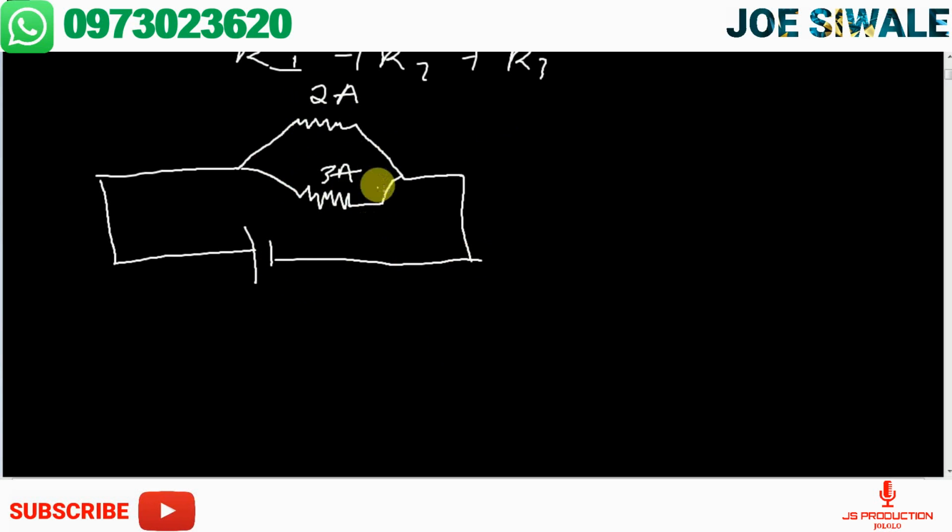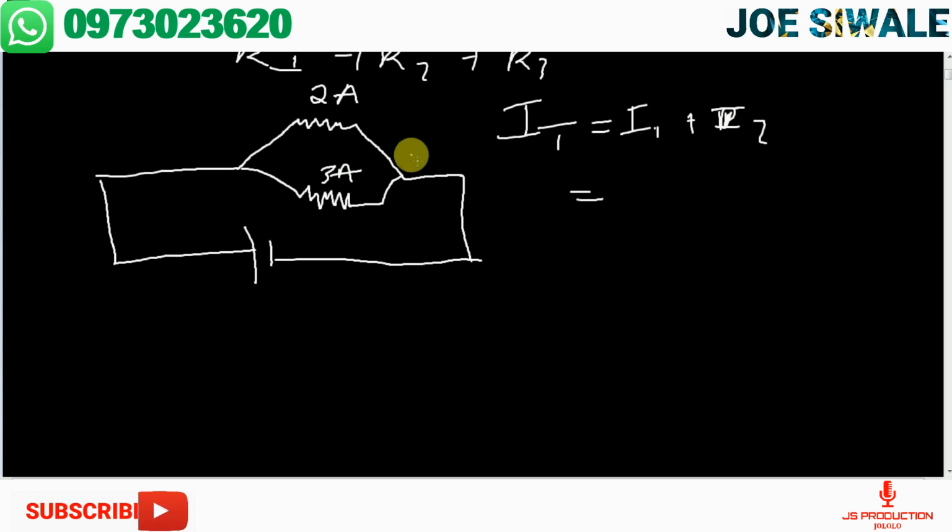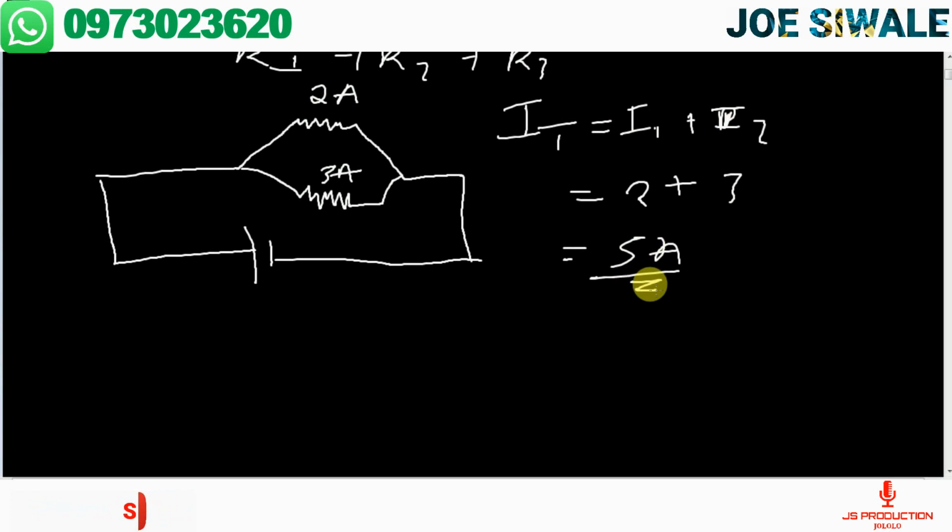As you can see, this is a parallel connection. So for us to calculate total current, we're going to say current 1 plus current 2. Our current 1 is 2, plus our current 2, that's 3. So our answer is going to be 5 amps.